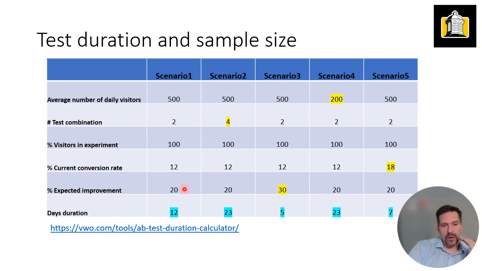In our case, that will mean 20% of 12%, which is about 2.5%. So we are hoping that this, like a new campaign that we're doing, for example, is going to push us from 12% conversion rate to 14.5%, to be precise. And that will be the expected improvement.